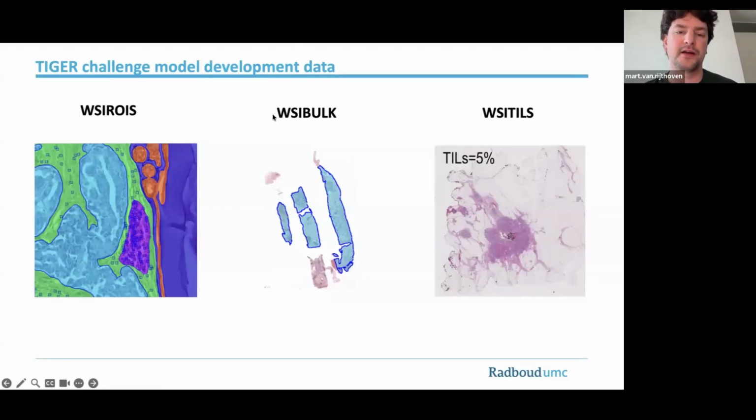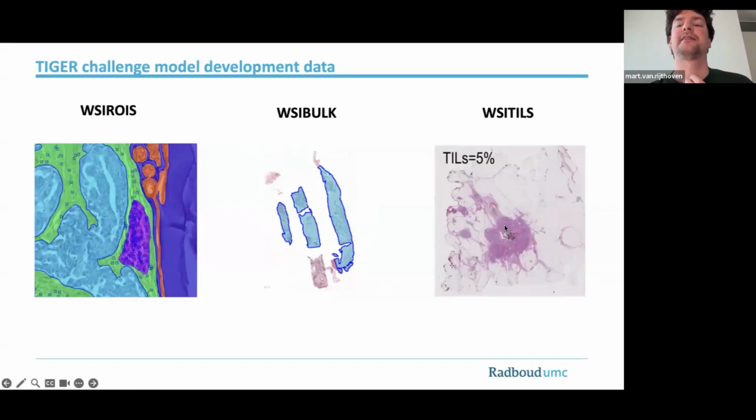But then we also had a WSI bulk data set. This is basically the bulk which I was talking about in the beginning for the recommendations by the TILs working group, that you want to first specify the whole slide image bulk where you want to do your analysis for your TILs. So you could also use this in your training pipeline to find out where the tumor bulk is.